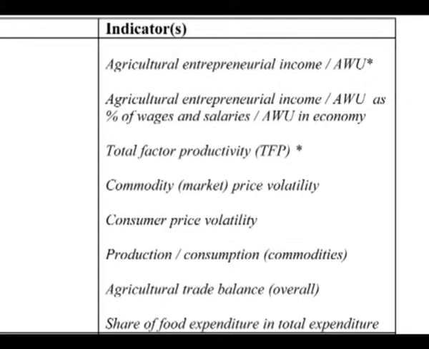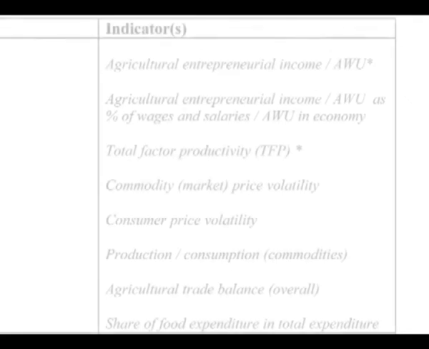The third one with a question mark there is linked to the innovation, the reskilling, potentially looking at the amount of money spent on agricultural R&D as a percentage of the agricultural GDP, because as you know, one of the EU 2020 targets is that 3% of GDP should be spent on R&D.